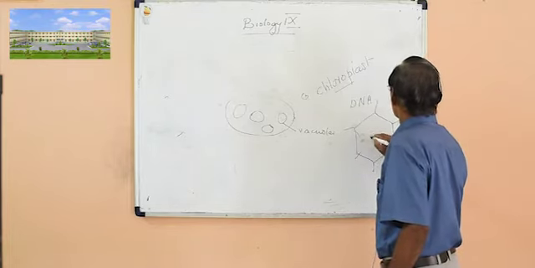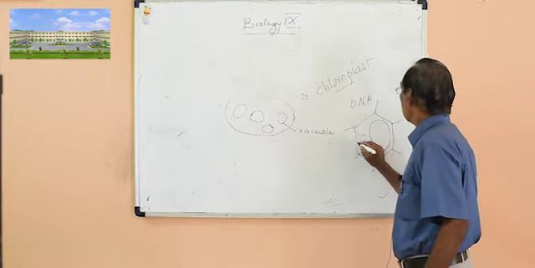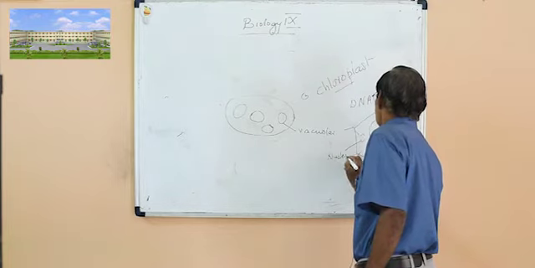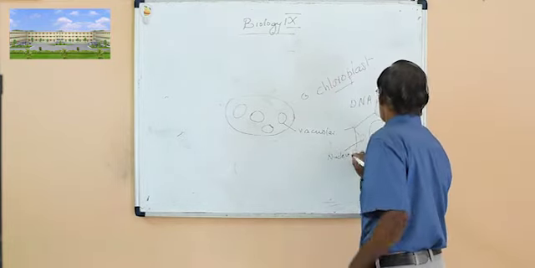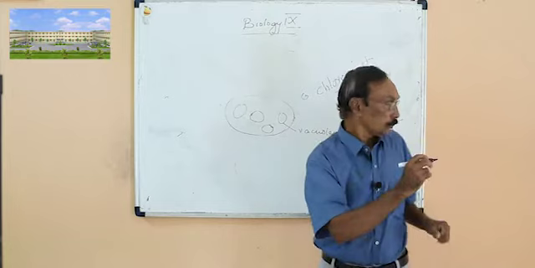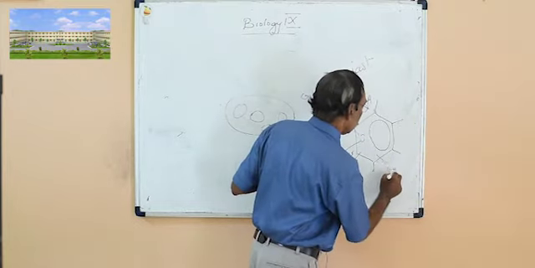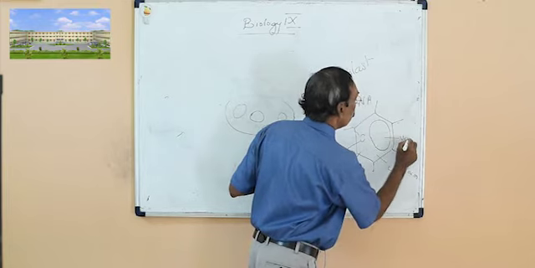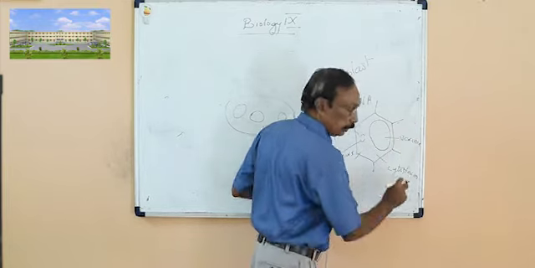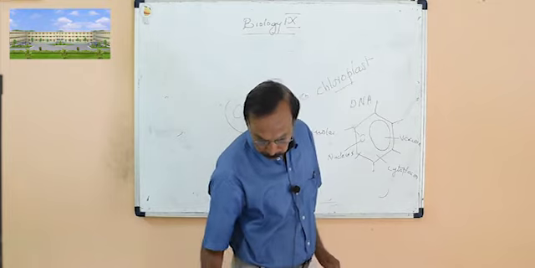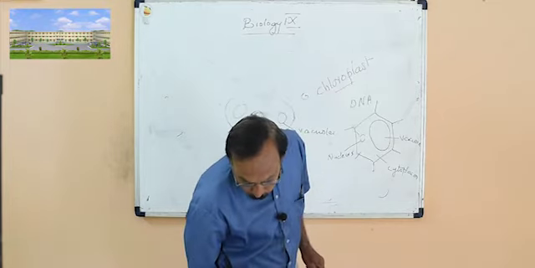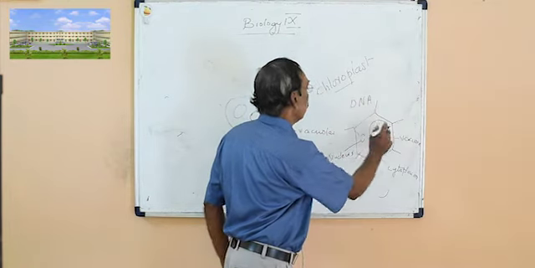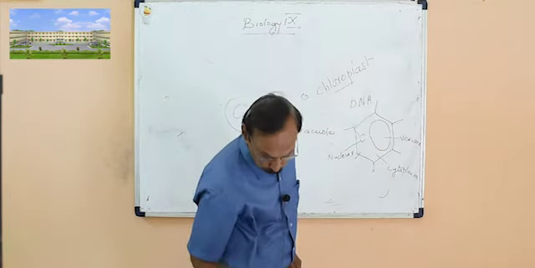This is the nucleus, this is the cytoplasm, and this is a vacuole. It may consume 50 to 90% of the cell.